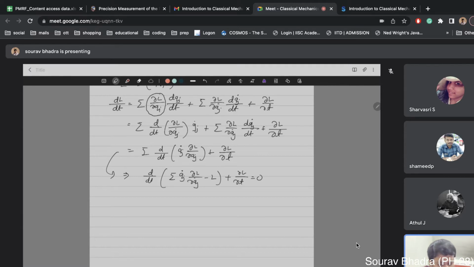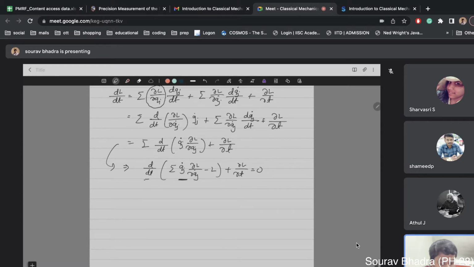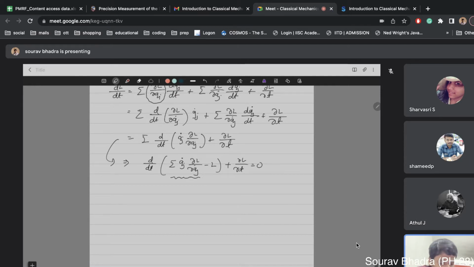You can do it, because d dt will work on the first term and then the second term, and accordingly we eliminate the second term which comes from the differentiation, so you will get this particular term. Now, this particular term is called the Hamiltonian of the system, that is H. So we can write dH dt plus del L del t equals 0. That means dH dt is equal to minus del L del t.